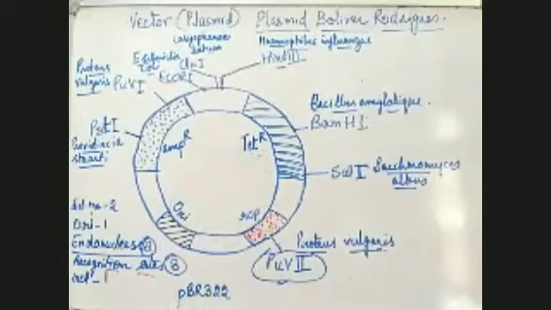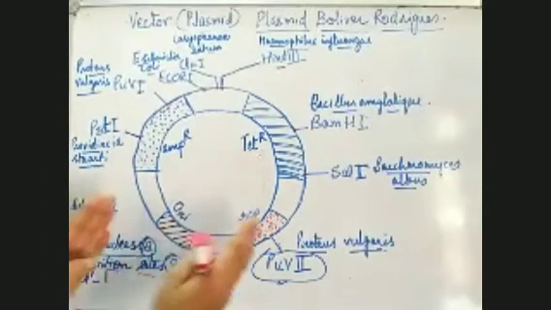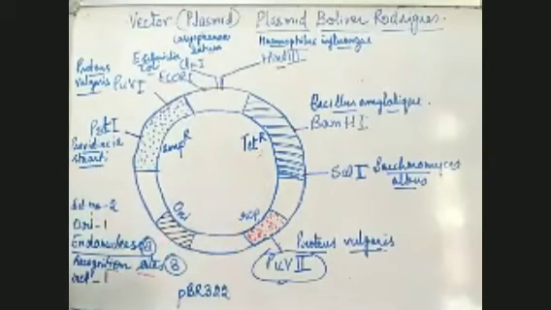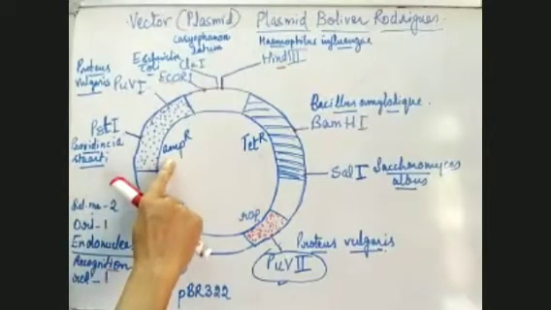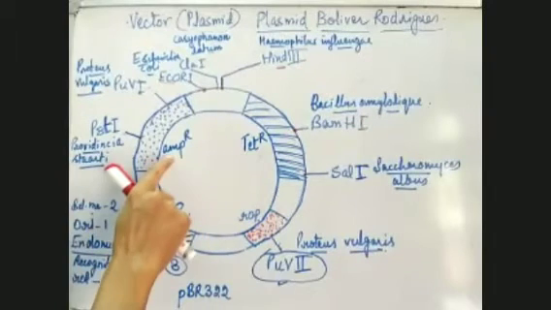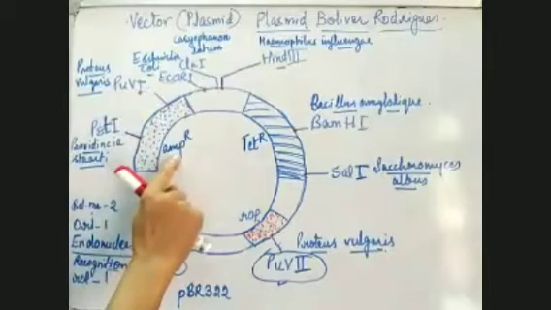Now, if this particular plasmid is introduced in a bacteria, and that bacteria is cultured in a medium of ampicillin, it will not die there because it has this ampicillin resistance gene.